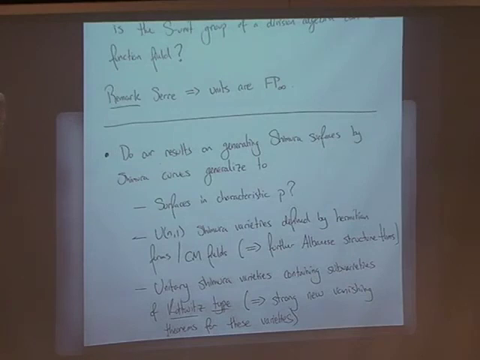And also, a couple more questions in characteristic 0. If you look at U(n,1) Shimura varieties coming from Hermitian forms over CM fields, if you could prove a similar result about being generated by curves, you would get strong Albanese structure theorems that I think are unknown.